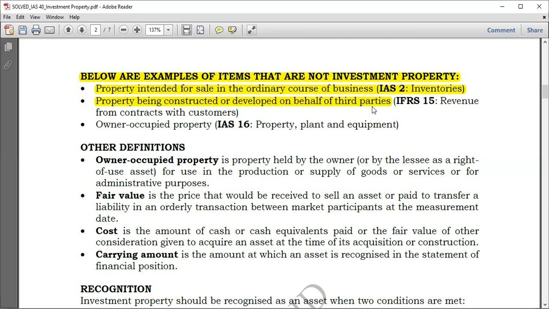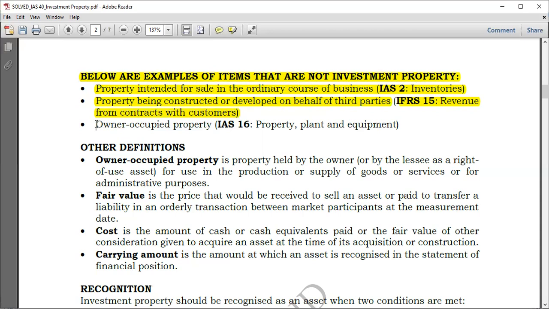So property being constructed or developed on behalf of third parties is accounted for as per IFRS 15 revenue from contracts with customers. No worries, I will also share this one. It's a very, very important standard, especially for this level, SPR. I prepared it well and I'll share it soon, but for now, let's leave that alone.